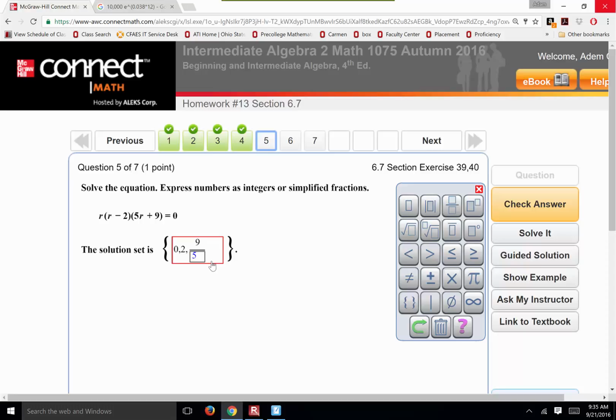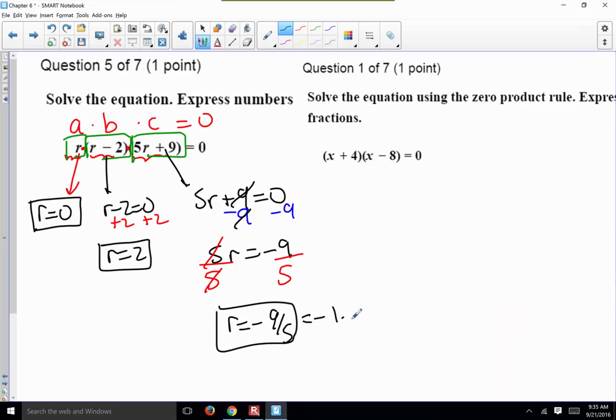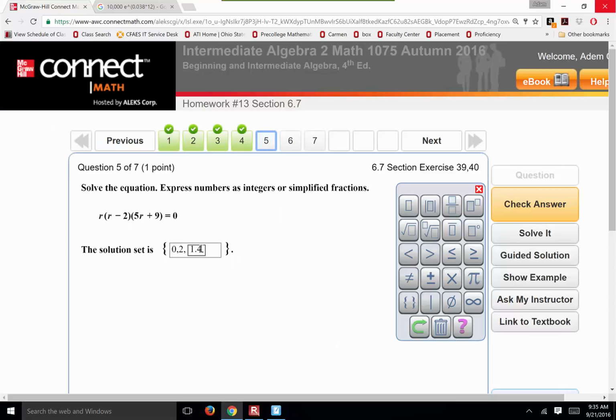Hey, I wonder, instead of 9 over 5, if I can enter 1.4. 9 over 5 is 1.4, right? Question? Does it matter what the order is? No, it doesn't. So 9 over 5 is 1.8, right? Negative 1.8. So let's try negative 1.8. I'm just wondering if it's a terminating decimal, can we use it?